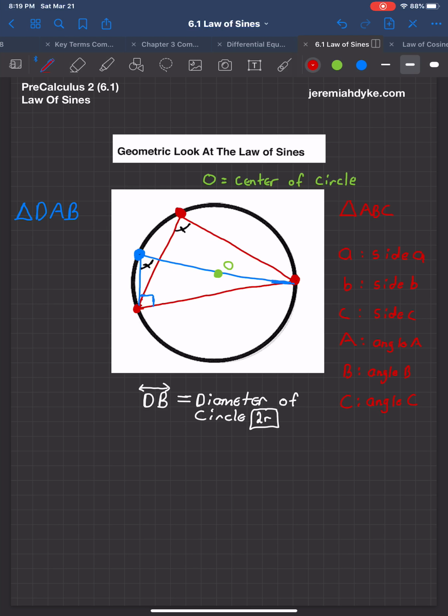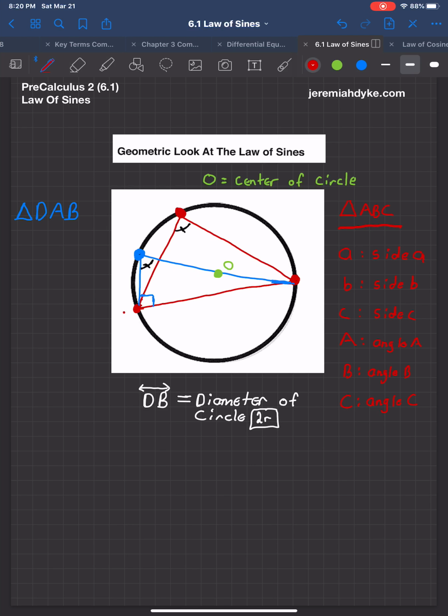So let me start with how we label. I'm going to be focusing on the red triangle for right now. The way that we label a triangle, if you think about a triangle, it's going to have 3 angles and 3 sides. Traditionally, for triangle ABC, we use uppercase letters, uppercase A, uppercase B, to represent the angles.